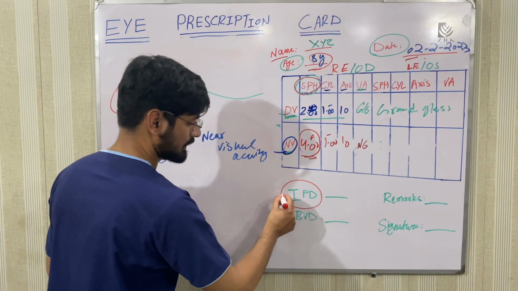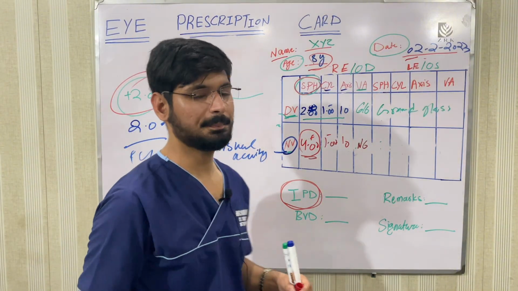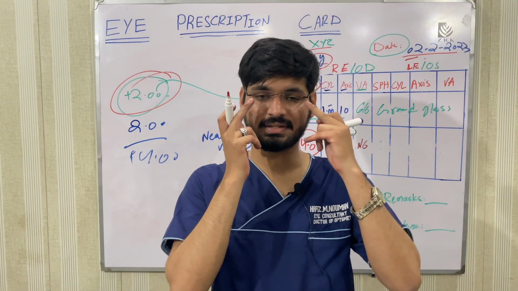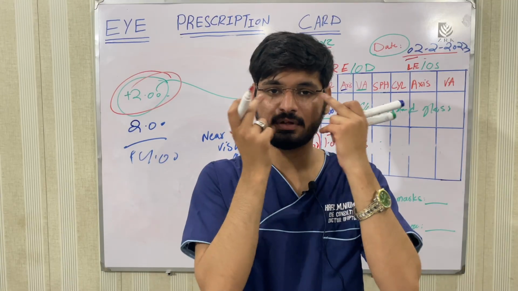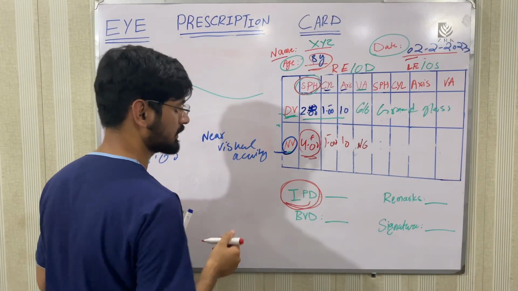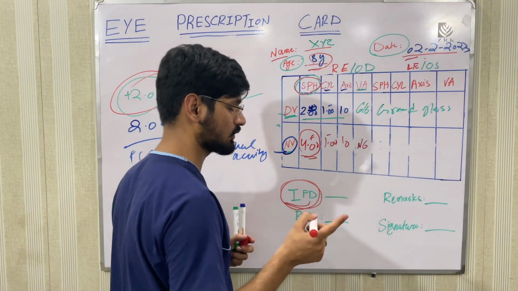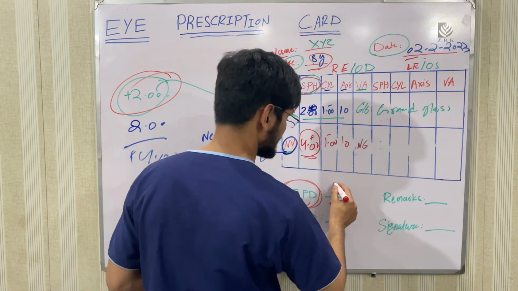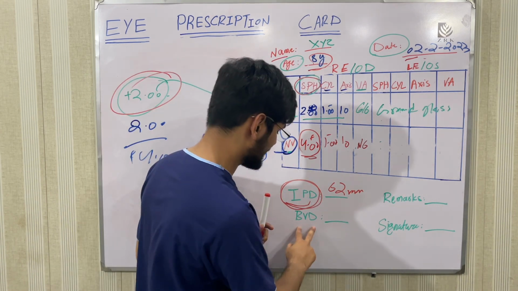Here you can see IPD. IPD means interpupillary distance. The distance between my pupils is called IPD. It is necessary for us to mention the interpupillary distance of the patient. For example, in my case, this is 62 mm. The next is BVD.